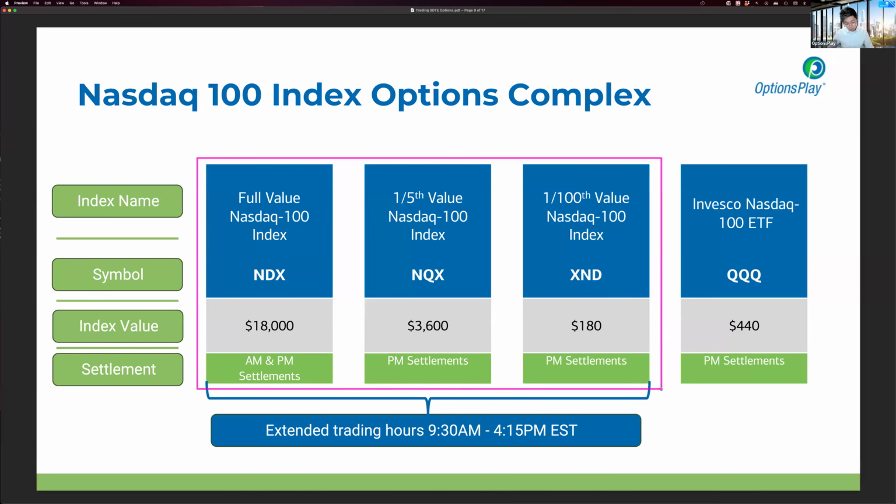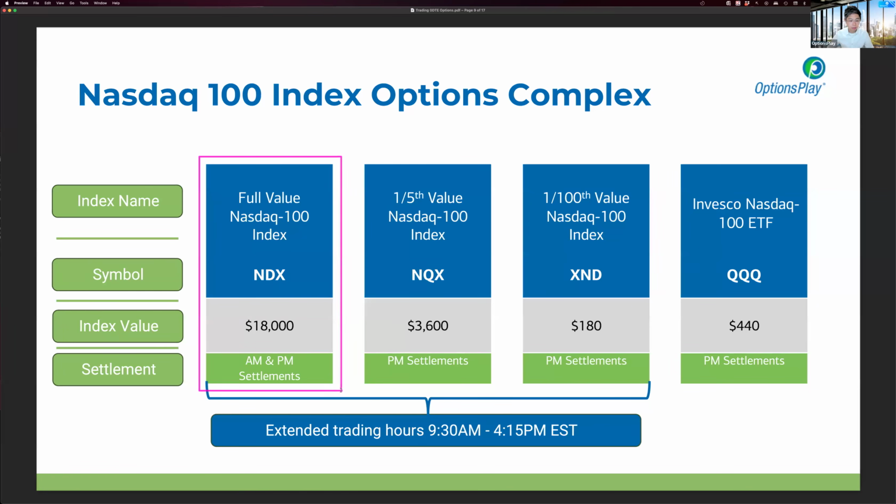So for a lot of traders, in my opinion, when you're trading the NASDAQ 100 index, you really have a product where either you have a very large account and you can trade NDX, or you might want to take a look at ETF options like the QQQs, because the QQQs are very deep in terms of liquidity, similar to NDX, but obviously at a size that's far more favorable for retail traders, a $44,000 contract.